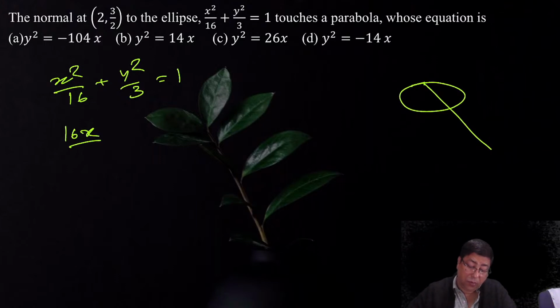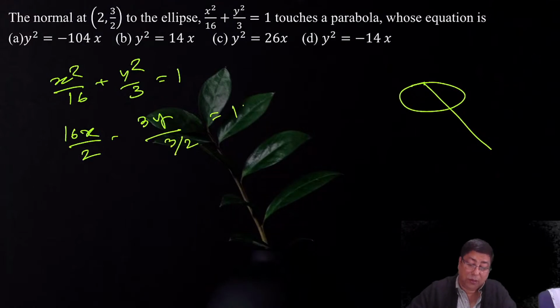Sorry, I was telling about the tangent; here a normal is given. So 16x by 2 minus 3y by 3/2 equal to 16 minus 3, therefore 8x minus 2y equal to 13.